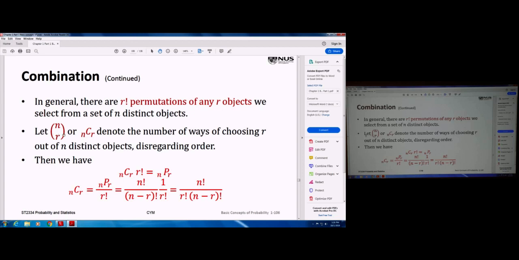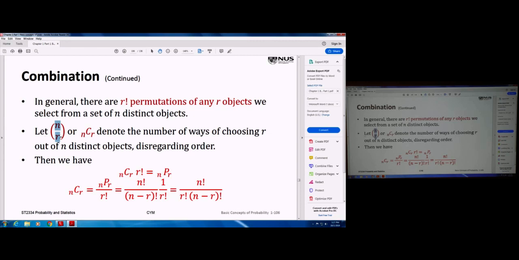So then what we must have is the number of possible ways of choosing r out of n multiplied by the number of ways you can permute that is equal to the number of permutations. So what I'm trying to say is r factorial times this thing must be the number of permutations, precisely because if I choose n choose r, that's my combinations, and I multiply that by r factorial, that gives me my number of permutations in total.